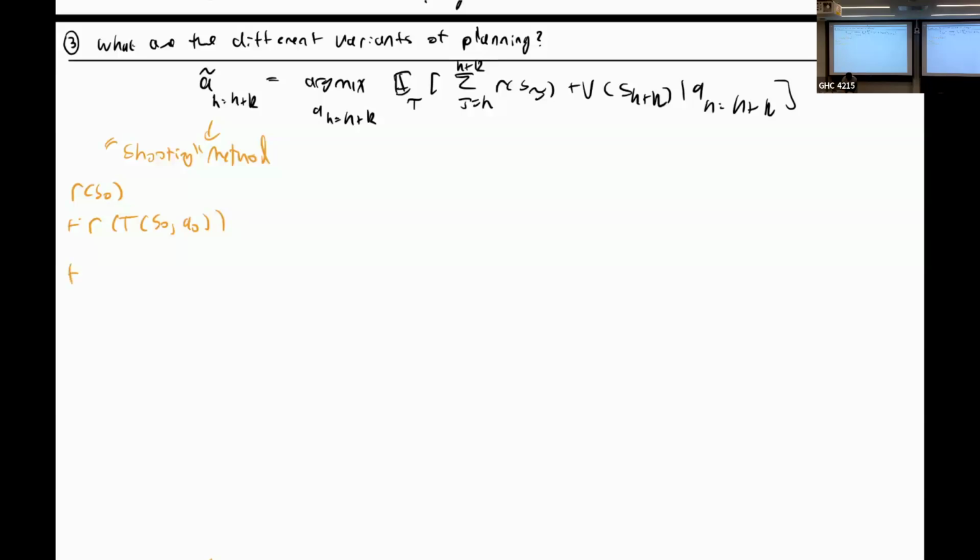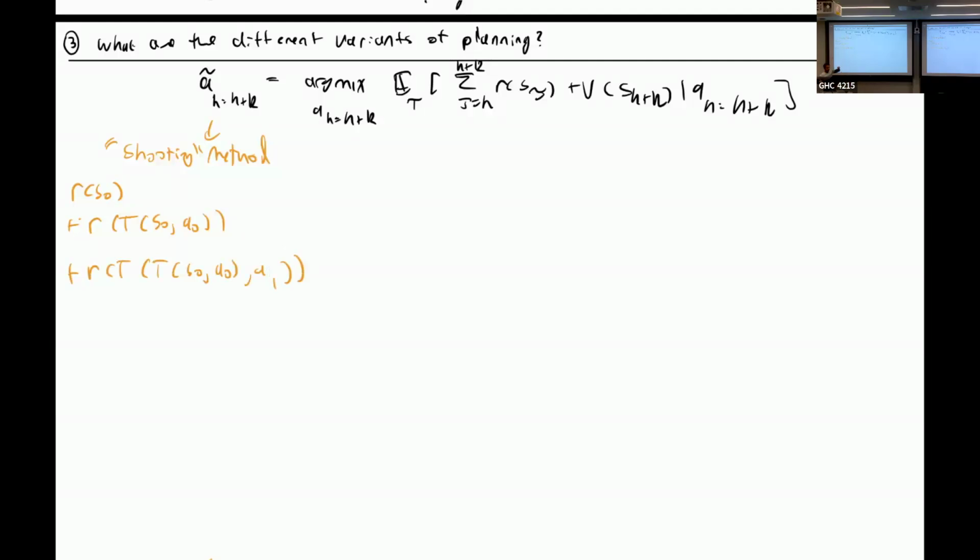Then we would have the next step, so r of the transition dynamics of the transition dynamics of s naught, a naught, a1.